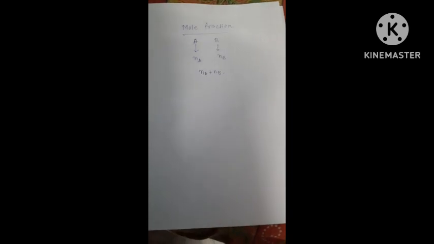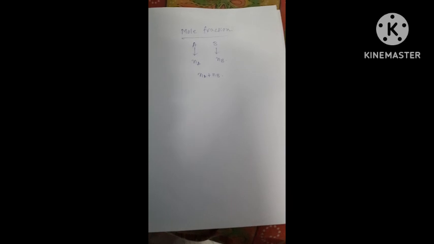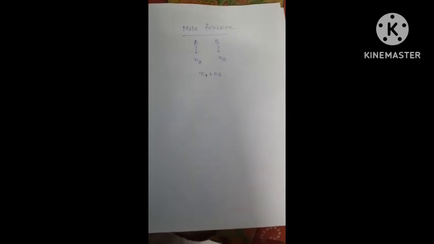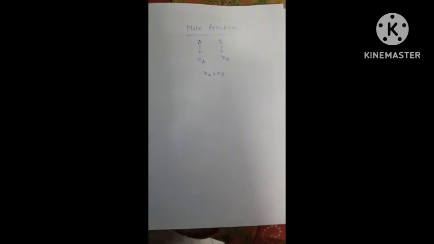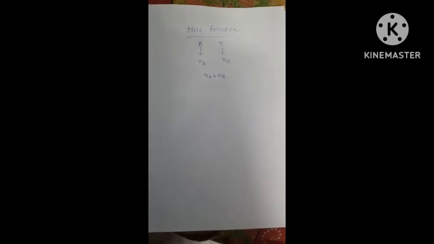Now if we want to calculate the mole fraction of any particular component, it will be the fraction of one component. So the mole fraction of one component of the mixture is the ratio of the number of moles of that particular component to the total moles present in the solution.